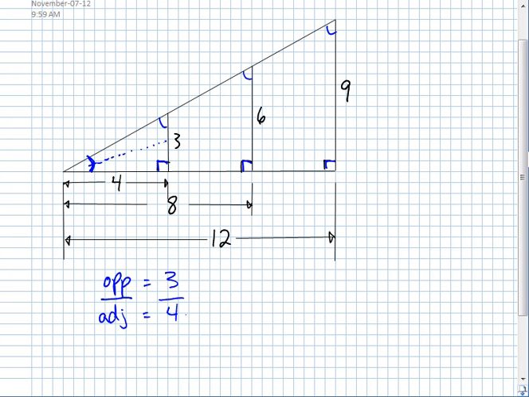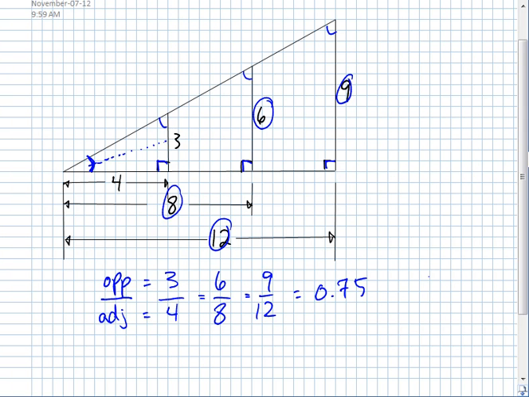So that ratio, opposite over adjacent, is equal to 3 over 4. And the same thing for the larger triangle, 6 over 8, which is the same as 9 over 12. Those all equal 0.75.